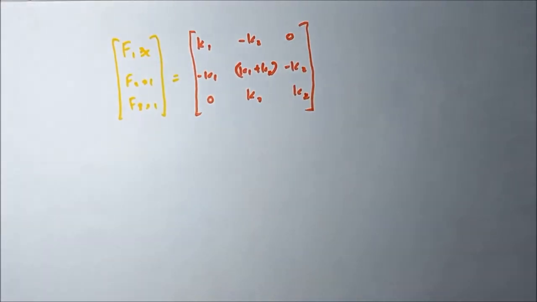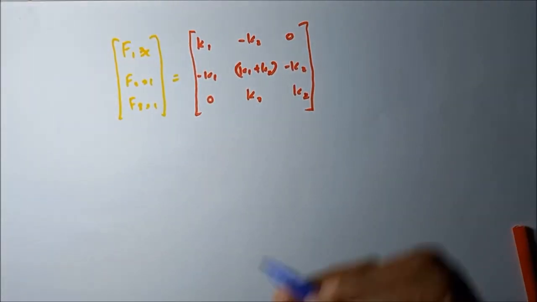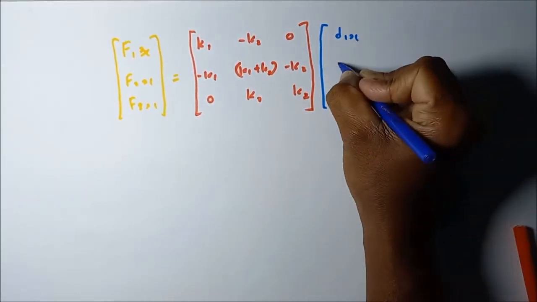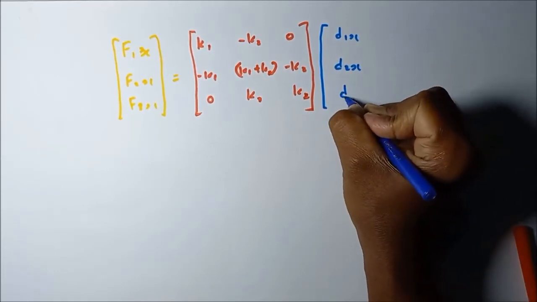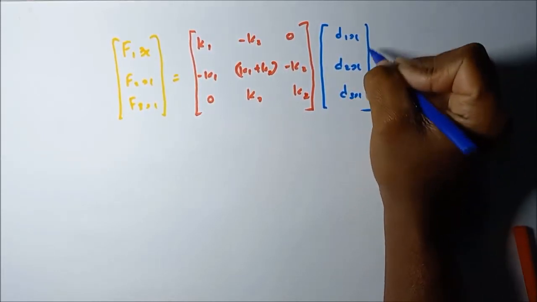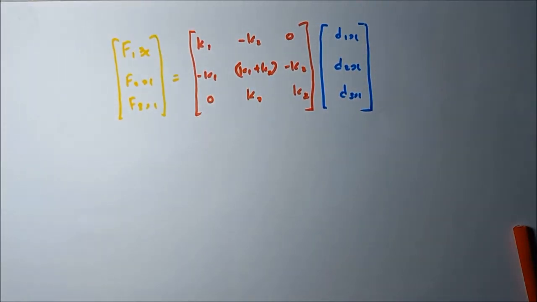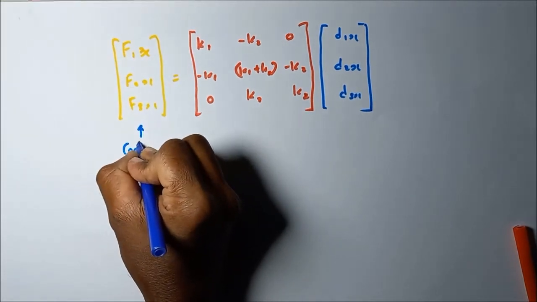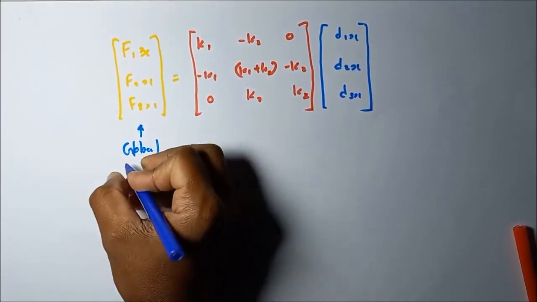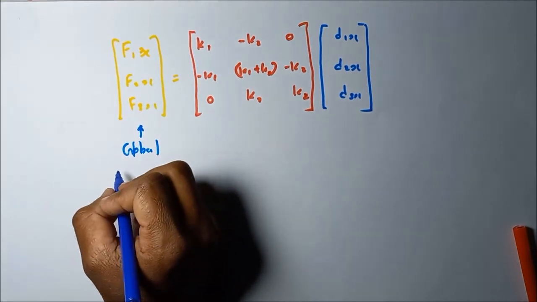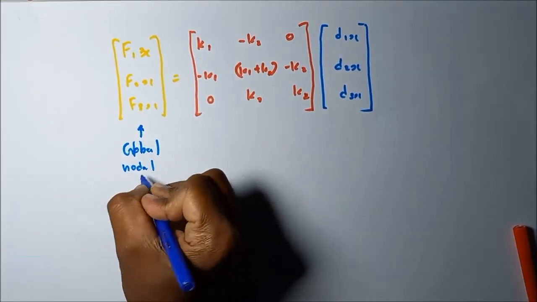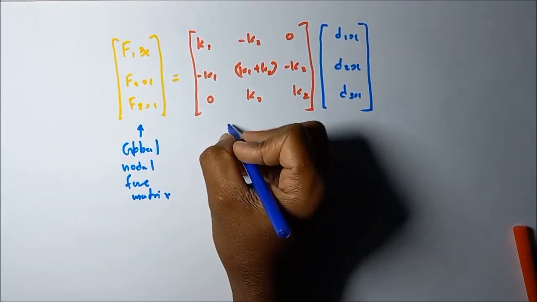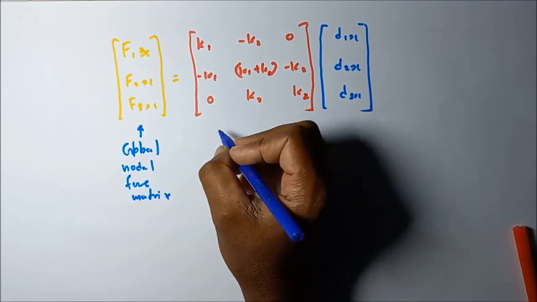This is called the global stiffness matrix. This is called the global nodal displacement matrix, d1x, d2x, d3x. This is called the global nodal force matrix.